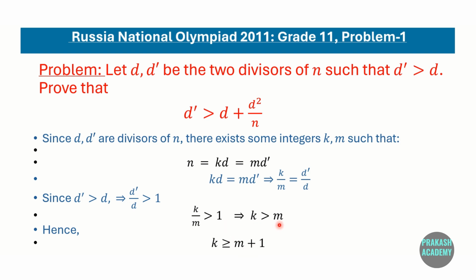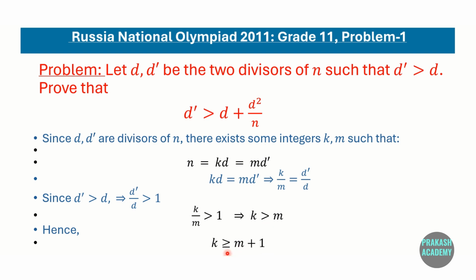Now k is greater than m. This can be greater by 1 unit, 2 units, 3 units. So k can be greater than m by 1 unit, 2 units, 3 units, but minimum it will be greater by 1 unit. So now I can say k is greater than or equal to m plus 1.